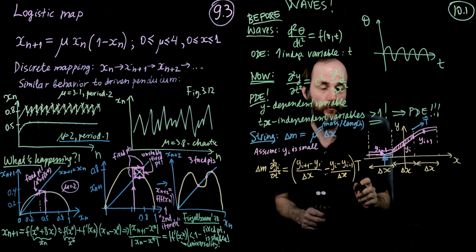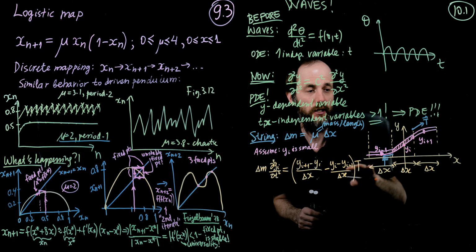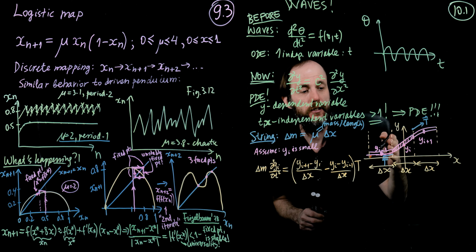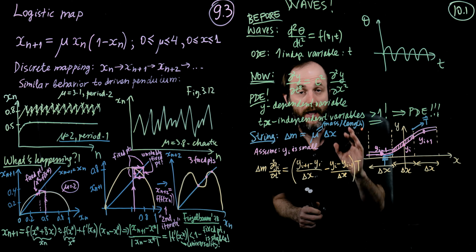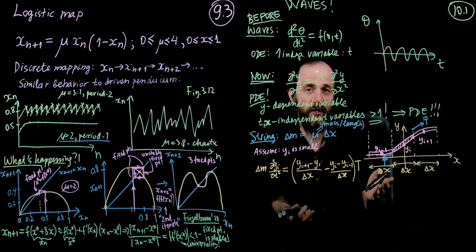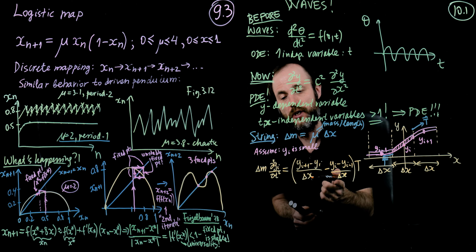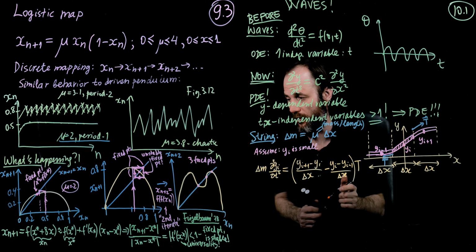And all of that is multiplied by T. So this is T times the sine of the angle that the string makes minus T times the sine of the angle that the string makes on the other side. And because the angles are small, we can replace the sine with just the slope. So this is the equation of motion for this little piece of the string.